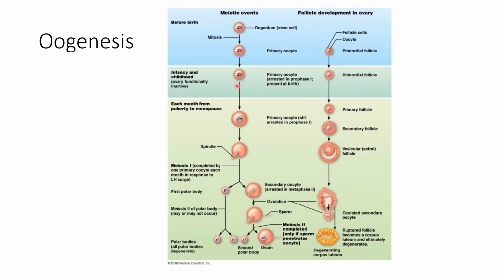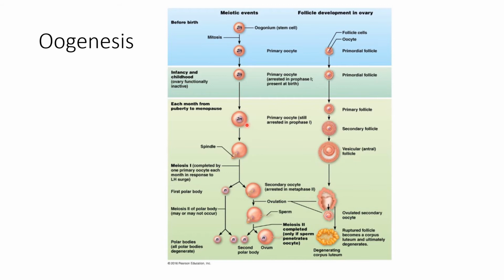So as we said, during childhood, the primary oocyte is going to begin meiosis 1, but it freezes. And it's going to stay frozen at prophase 1 until a female hits puberty. Once a female hits puberty, that primary oocyte is going to go ahead and finish off meiosis 1.